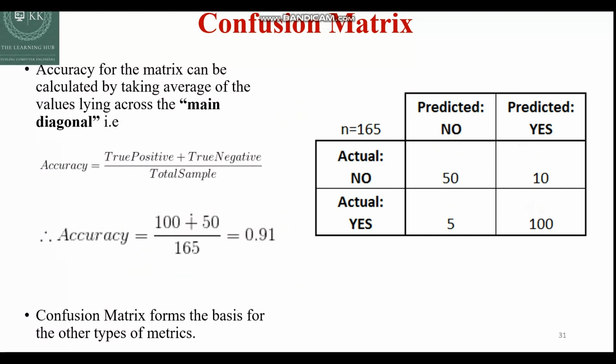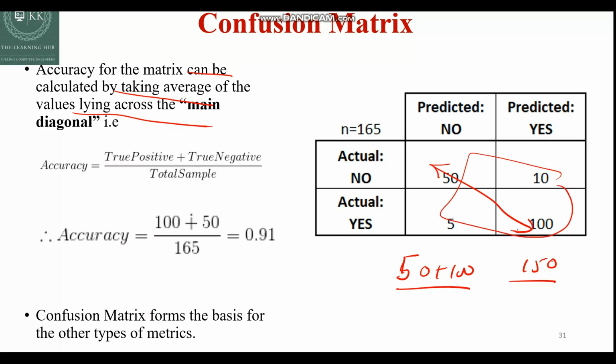In this case we have to calculate the accuracy. The accuracy for a matrix can be calculated by taking the sum of the values on the diagonal divided by the total samples. So that is 50 plus 100 from the diagonal, which is 150, divided by the total of all the values in the matrix, that is 50 plus 100 plus 10 plus 5, which is equal to 165.